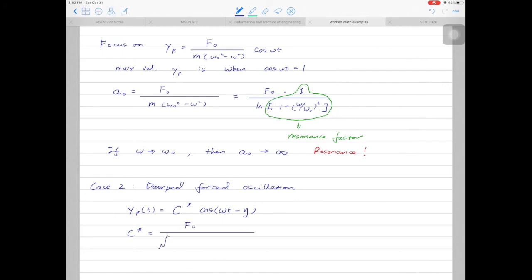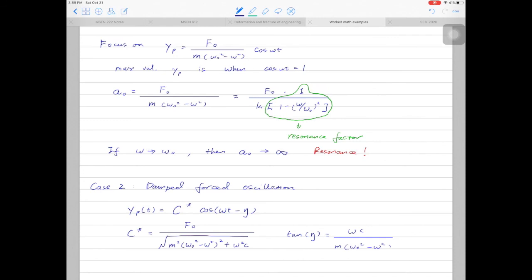For c asterisk, it is equal to F0 over the square root of m square times omega naught square minus omega square, then square, plus omega square c square. You can see the similarities and the differences from the undamped forced system. For eta, tan eta is equal to omega c over m multiplied by omega naught square minus omega square.